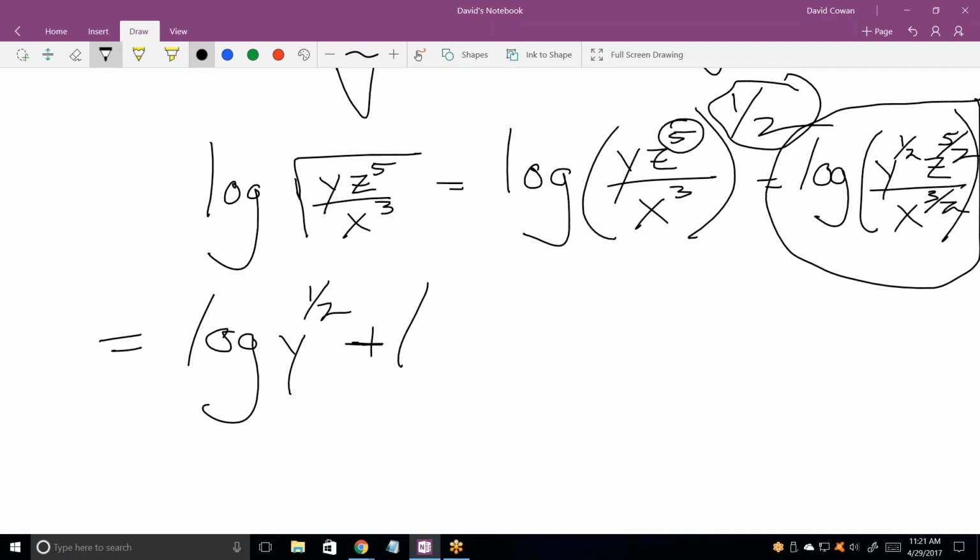The next thing is going to be log z to the 5/2, not y. Y is multiplying z. And then we're dividing the argument by x to the 3/2. So what does that translate to? Minus log x to the 3/2.